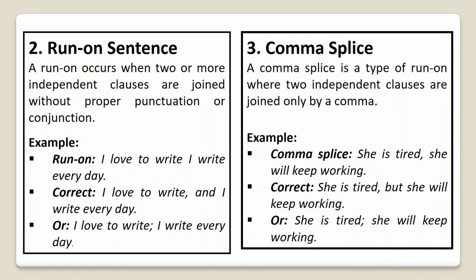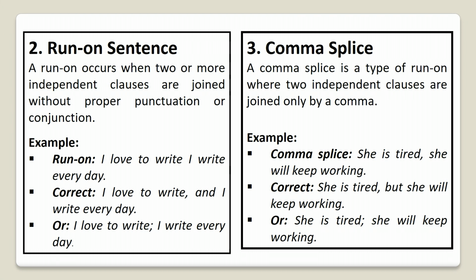What is a comma splice? A comma splice is a type of run-on where two independent clauses are joined only by a comma. For example: She is tired, she will keep working. Here the meaning is not clear, and this is the incorrect form. If we make it correct, how can we write? She is tired, but she will keep working.